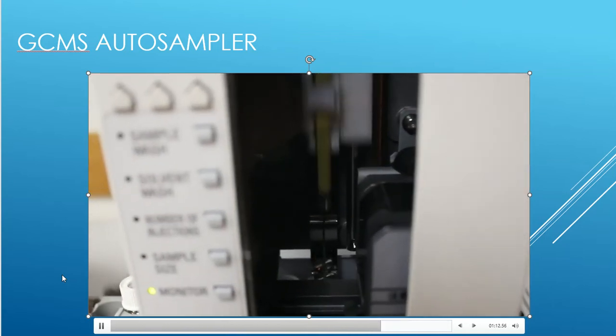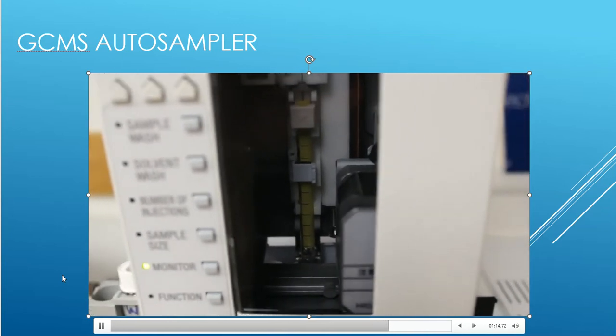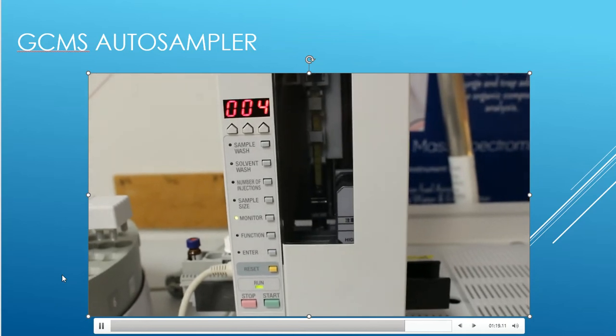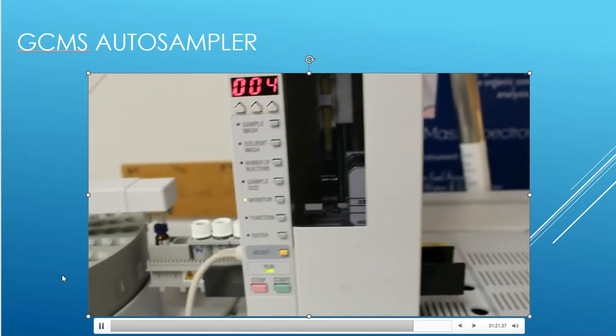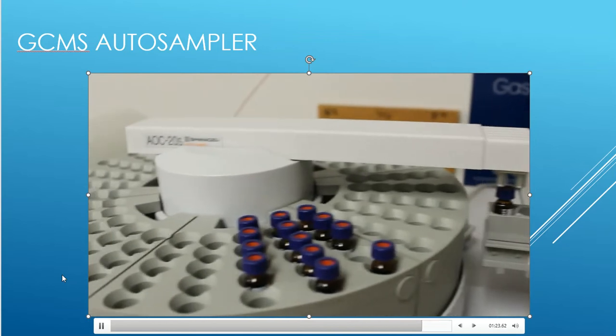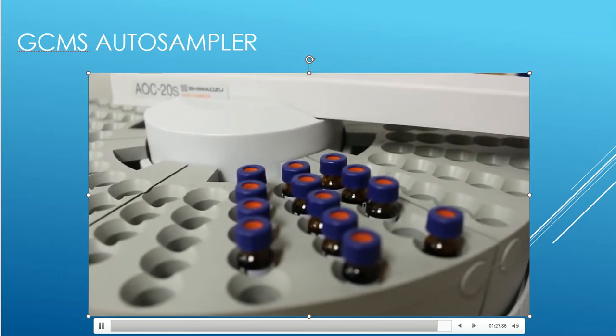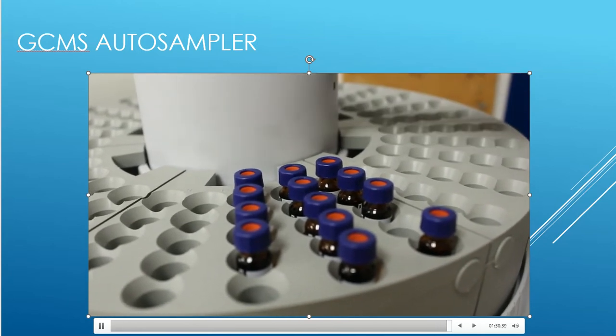And it's just made its injection. All right, so it will go through, it will clean itself, it will pre-rinse, and then it will get ready for the next injection that's in the lineup of all of the samples. And all of those samples right there have to be injected for this particular lab experiment.